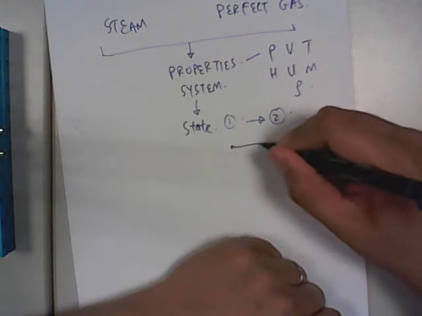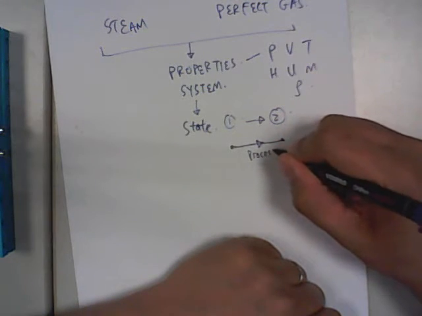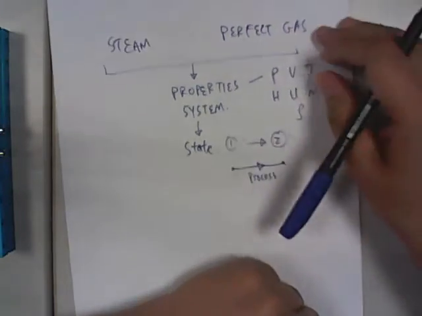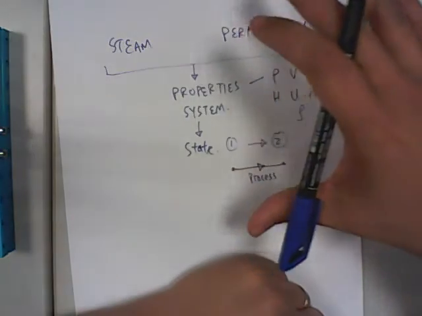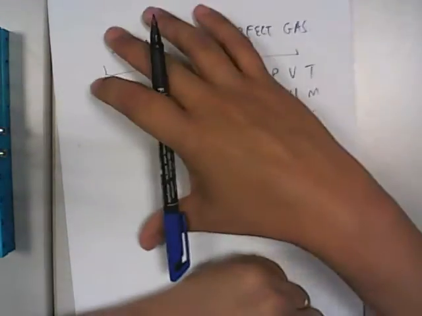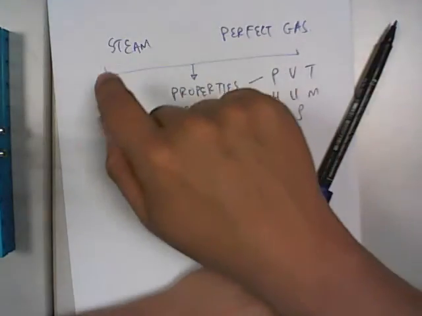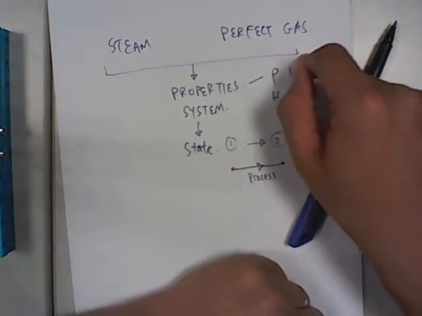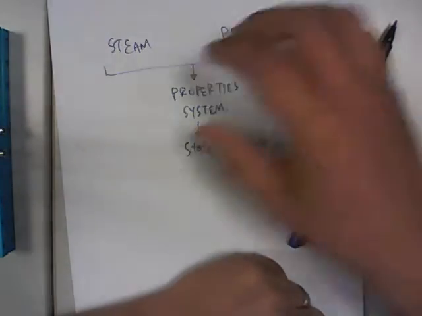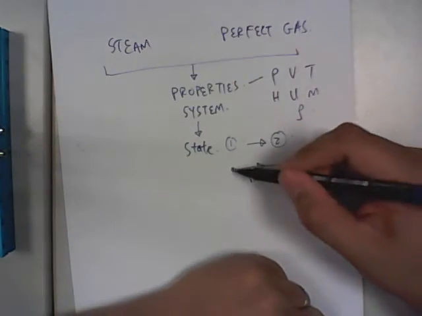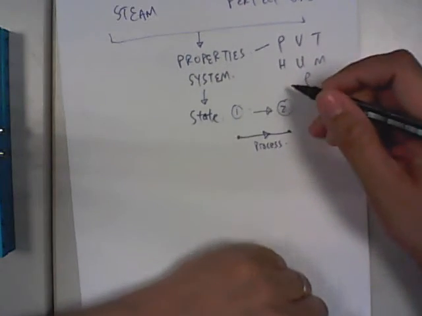Okay, the line joining the 2 points is called a process. Okay, so the key idea between chapters 4 and 5 is that either be it a perfect gas or steam, we will always be talking about a thermodynamic process that goes from initial to final, or from the inlet to outlet, and what goes on during this single process. Okay, is it work done, is it heat transfer, things like that.